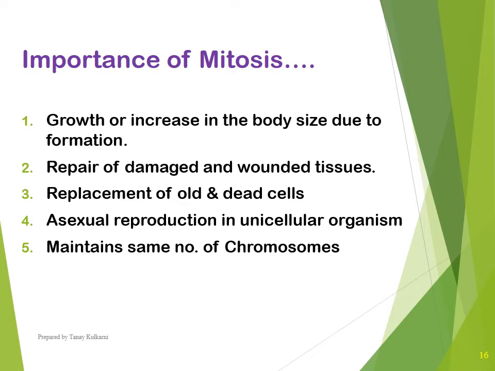For example, brain cells, once they are formed in the embryo, do not divide, because I told you that neurons do not have the centriole. Liver cells divide only once every year. Surface skin cells are continuously replaced, because the outermost layer is made up of cornified layers, so continuous mitosis takes place.